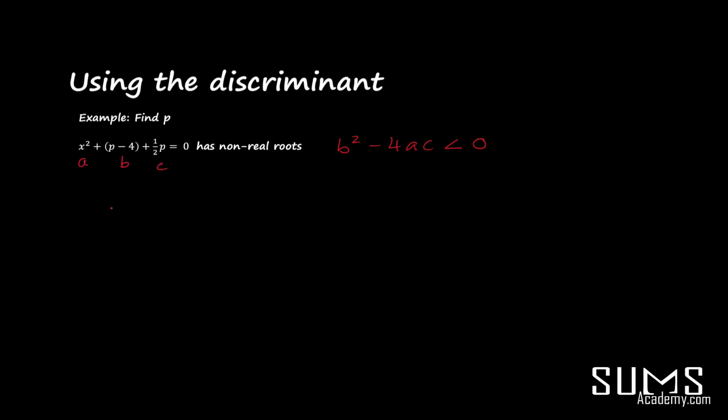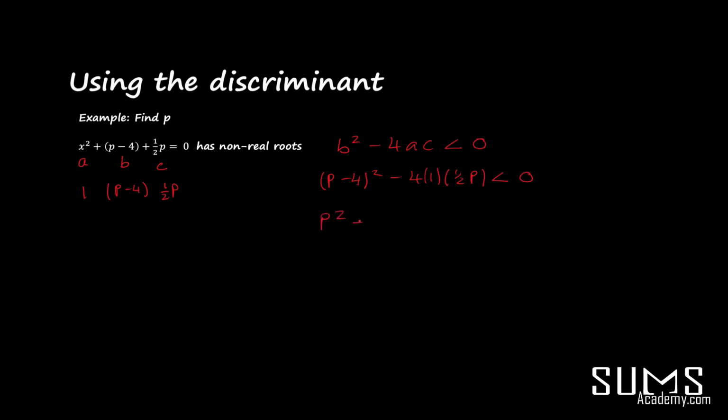They are 1, p minus 4, and a half p. So this becomes (p minus 4) all squared minus 4 times 1 times a half p is less than 0. Now I just need to go and solve this.